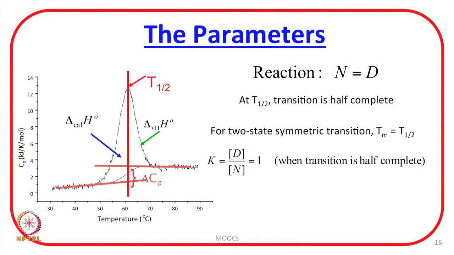Let us take a look at the slide. This is what I was talking about, that when the transition is half complete, the value of the equilibrium constant for this two state transition is 1, and obviously the delta G naught will be equal to 0.